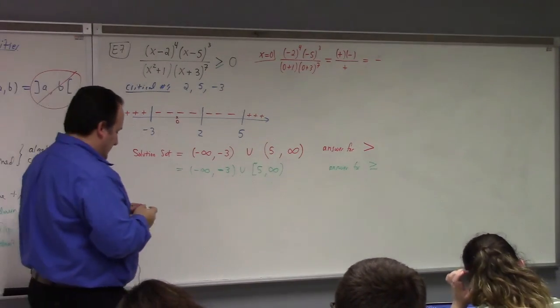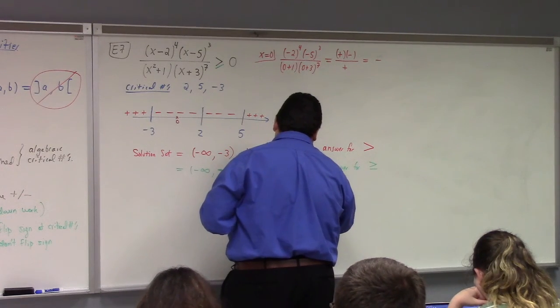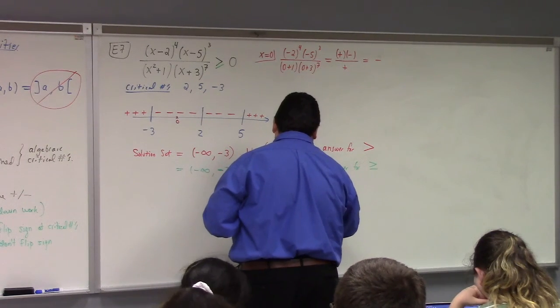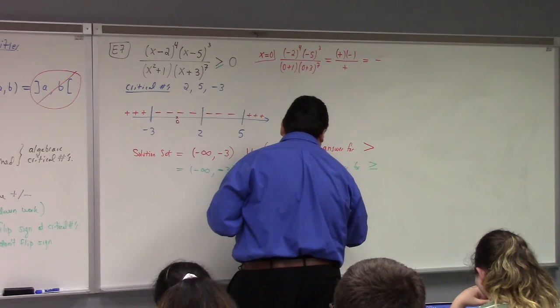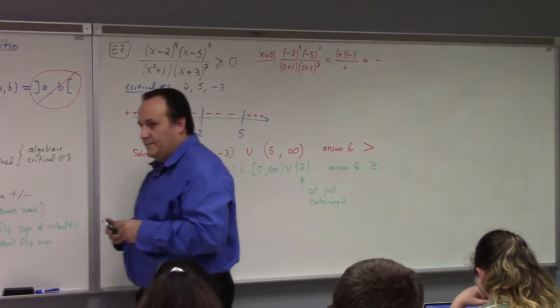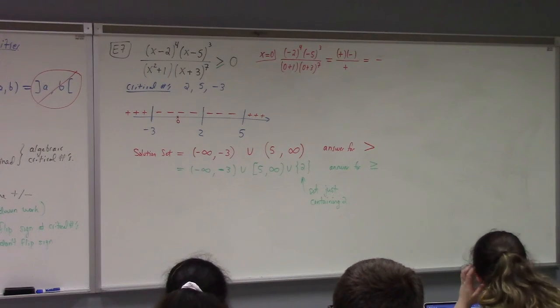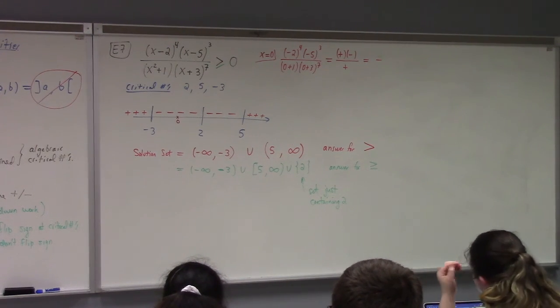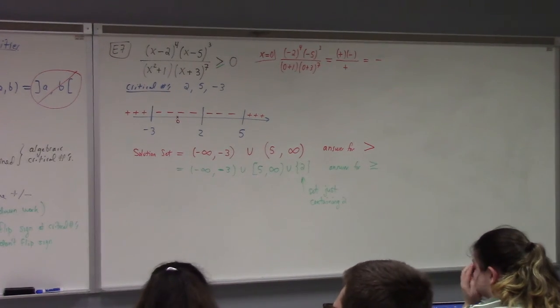So you got to be careful in this kind of problem. You might also have to take the union of the set just containing 2. So this is the set just containing 2. So-called singleton. Technically, I guess that's also an interval, but people can debate about that, I suppose.